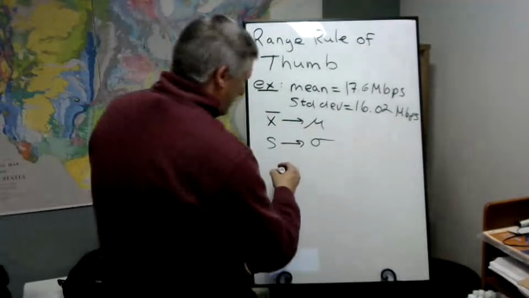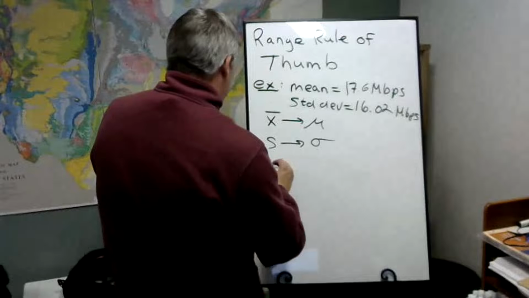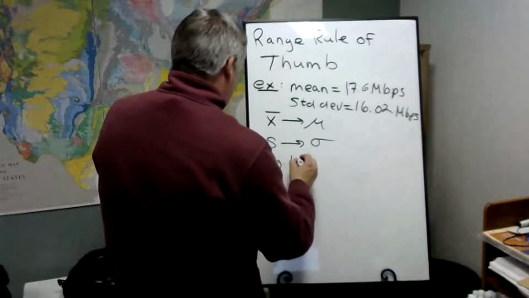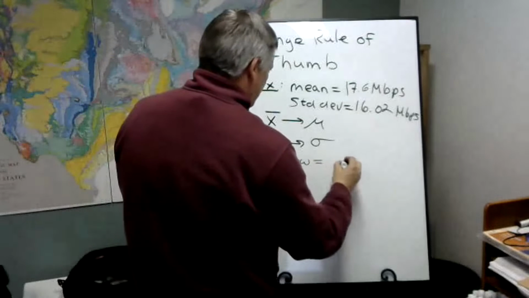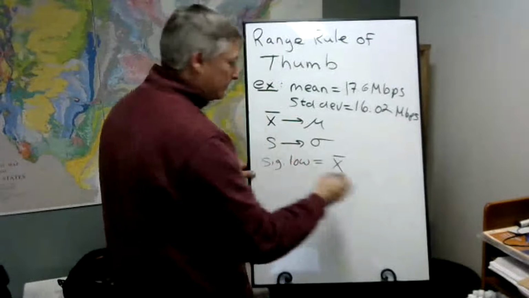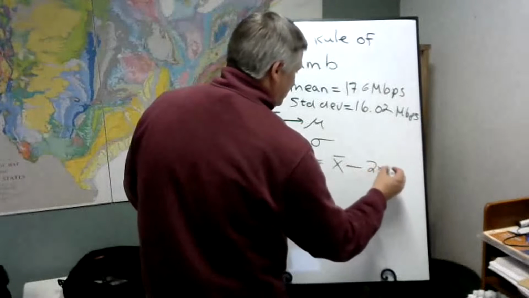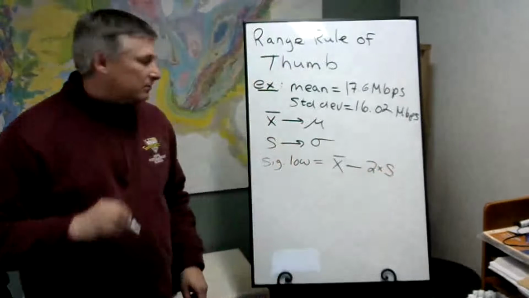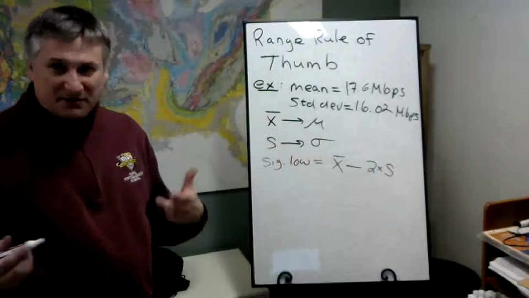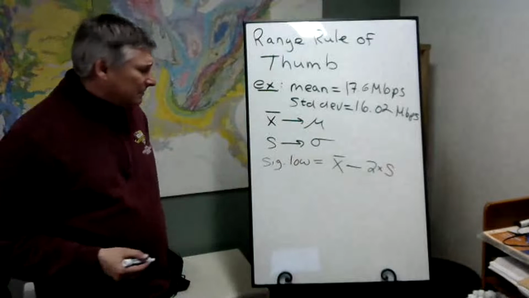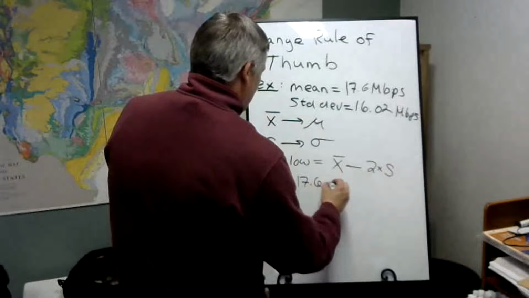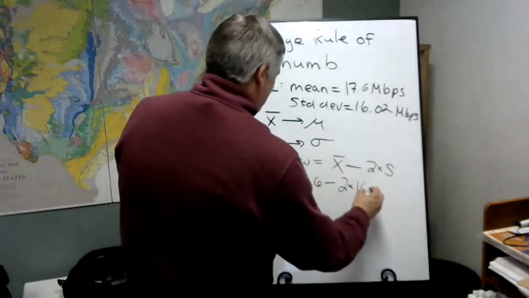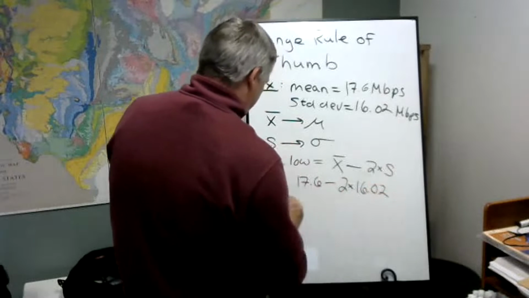So for the significant low, we're going to do X bar instead of mu, minus 2 times S instead of sigma. We're letting X bar and S stand in for mu and sigma. So we get 17.6 minus 2 times 16.02, and so we get our lower boundary.